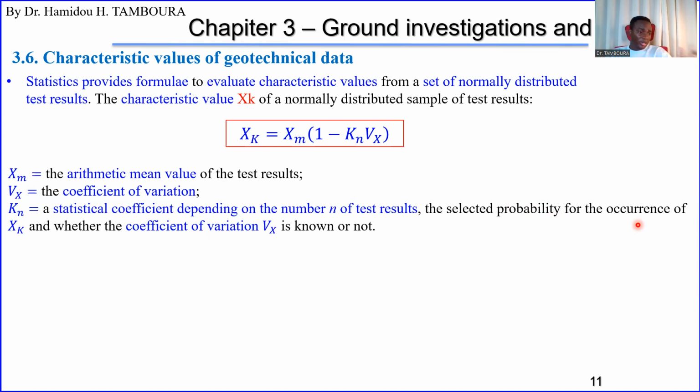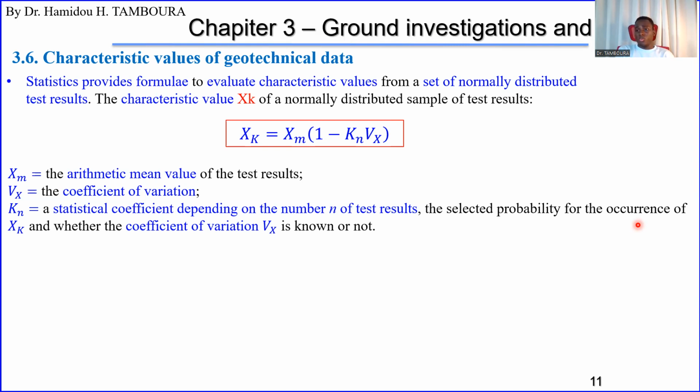For example, if you obtain from the 4 tests different internal friction angles of your soil, let's say you obtain 38, 42, 35, and 48. These are examples. And after doing everything, your characteristic value is 40.